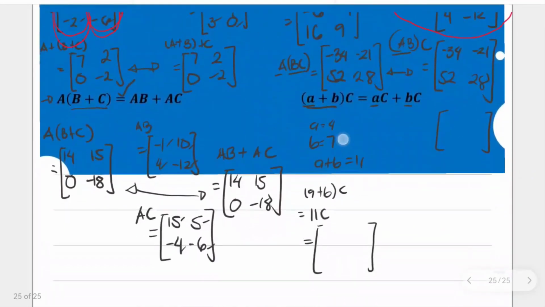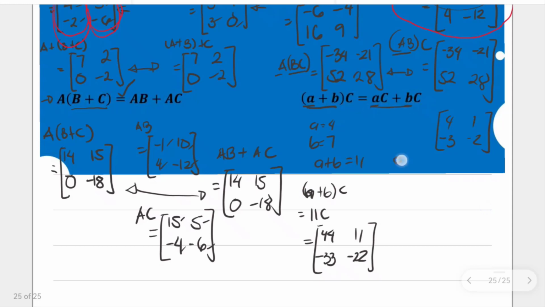C is 4, -3, 1, -2. So times 11, so positive 44, positive 11, -33, -22. It should have the same result as this.